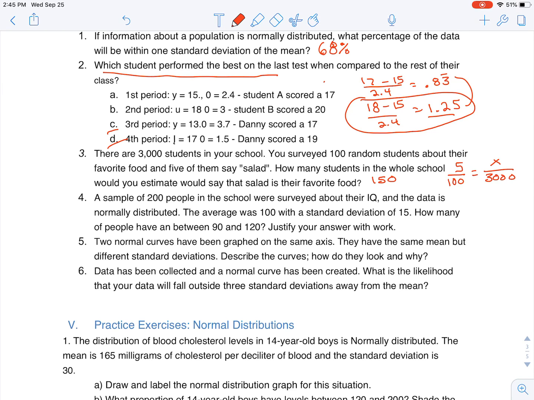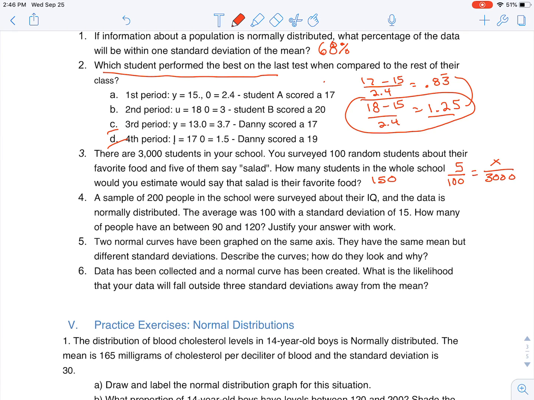4, a sample of 200 people in the school were surveyed about their IQ, and the data is normally distributed. The average is 100, standard deviation of 15. How many people are in between 90 and 120? Okay, so this one, we have to find basically the percentile for that, and then the percentile for that, and see what the distance is in between them.